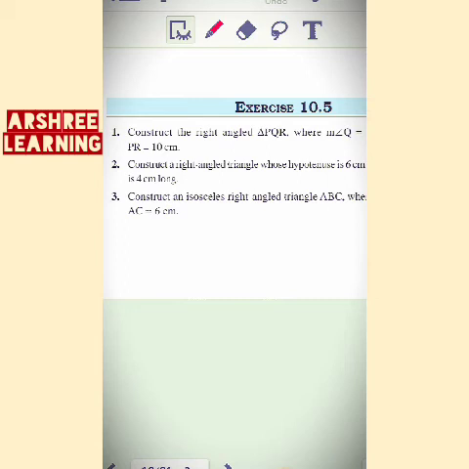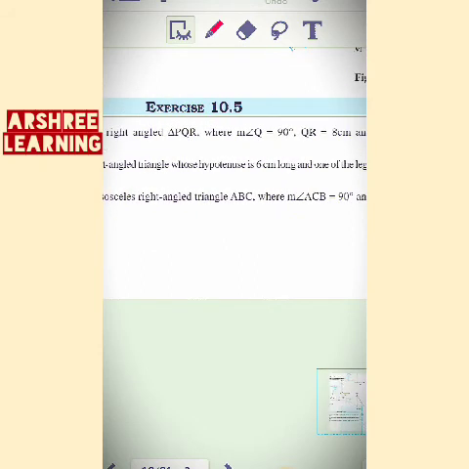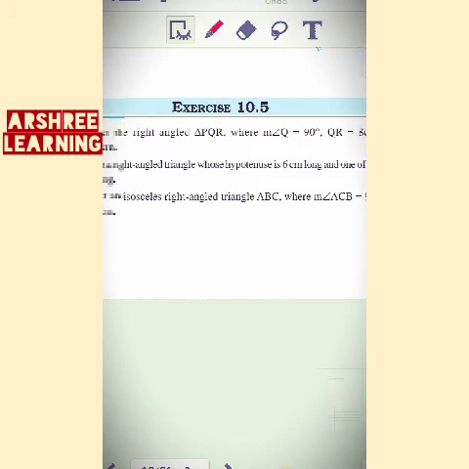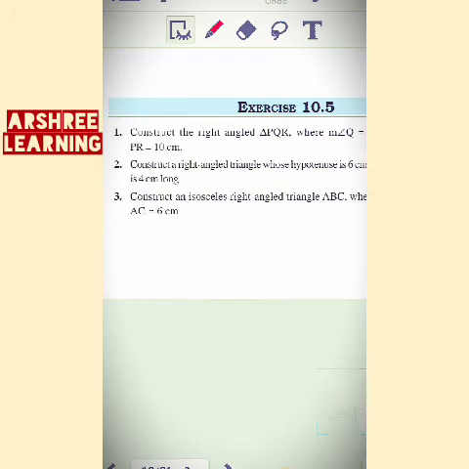So question number 3, construct an isosceles triangle ABC where angle ACB is equal to 90 and AC is equal to 8.